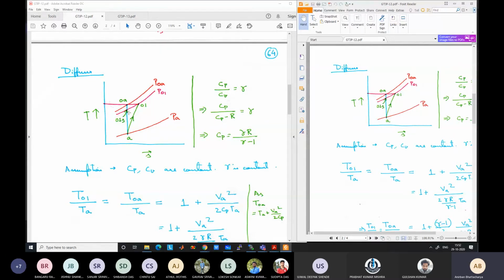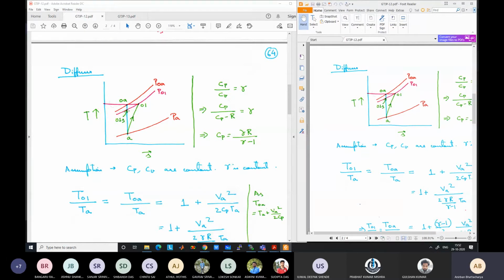What we are going to do is take the constant pressure line P01, which passes through this T01 point, and extend it, and it will cut somewhere on the isentropic process line. Let us call this point 01S. It is not physical in the process, but we are going to call this 01S, the isentropic temperature corresponding to the actual pressure P01.